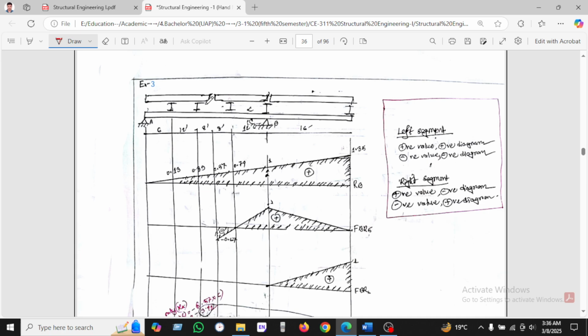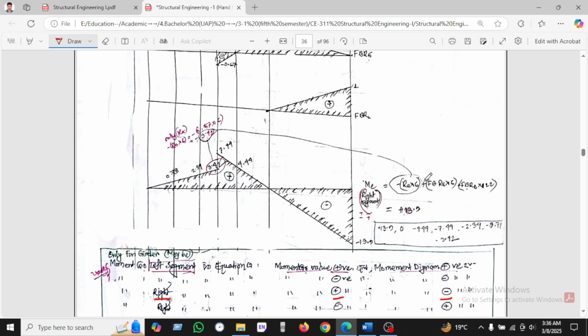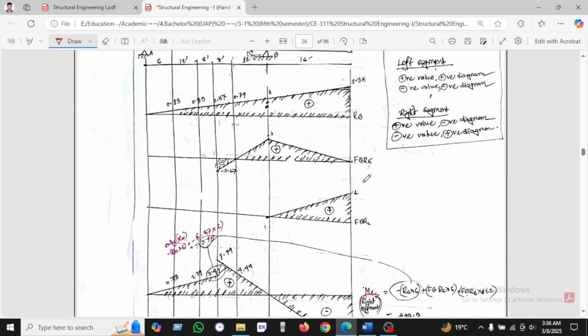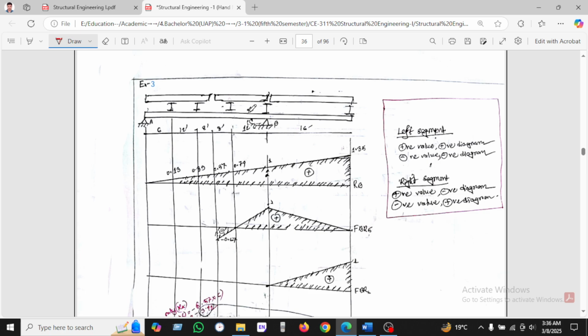So let's see another example. Here we have to calculate MC. This is the point C. So we are taking the moment with respect to C. We can take the left section, or we can take the right section.